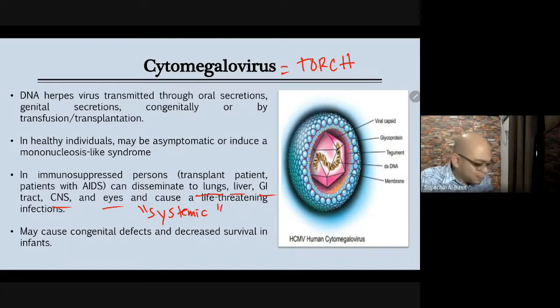This one is teratogenic, meaning to say it may damage the fetus, it may cause congenital defects and decrease the survival of infants. So that's what we meant by teratogenic.